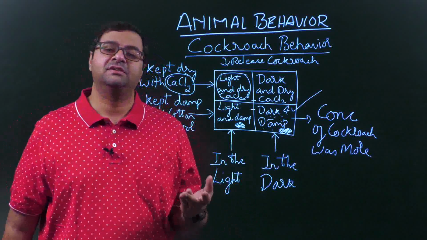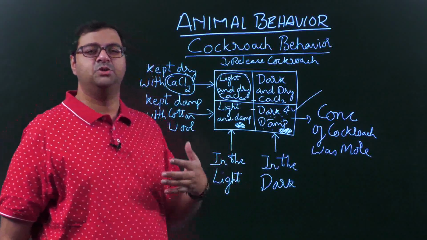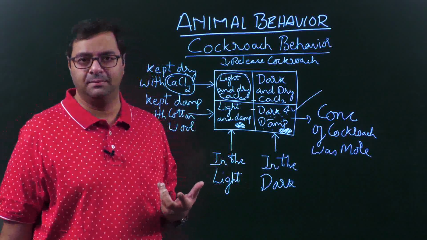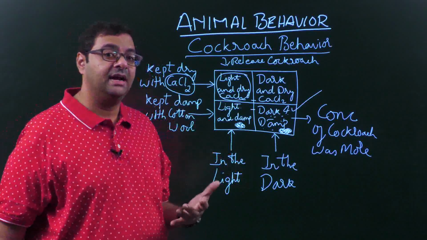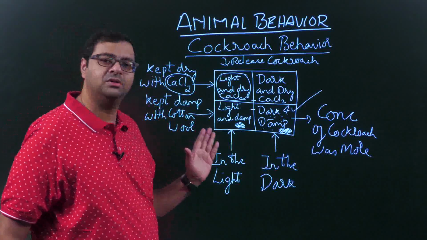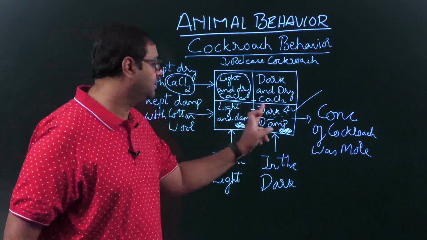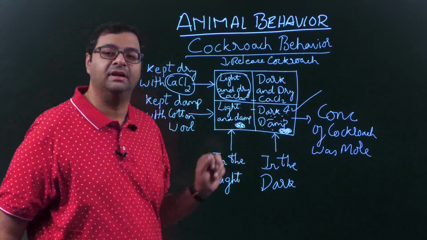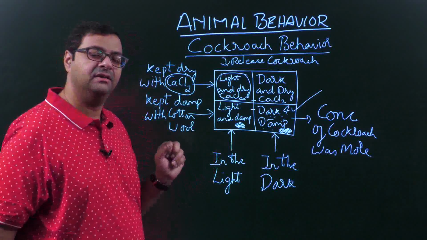These are a few examples which you can observe in your daily life as well, and you can understand animal behavior. I hope you have understood this cockroach behavior experiment. Once more I will repeat: cockroaches prefer dark and damp conditions for their survival. So thank you so much.